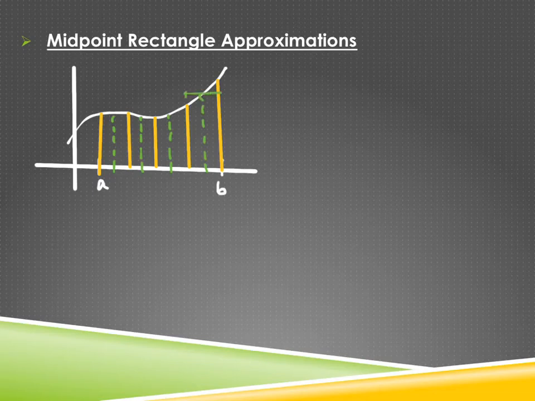So if you imagine there's the first one. Here's the second one, the third, and the fourth, roughly. That's a little bit low. And we're going to shade them in just like we did before.